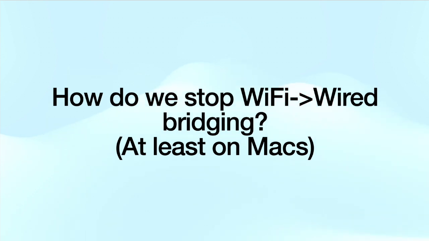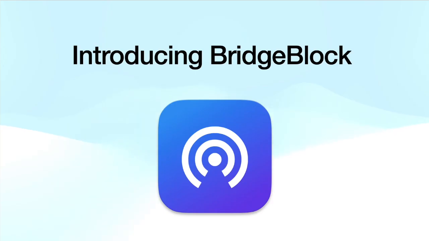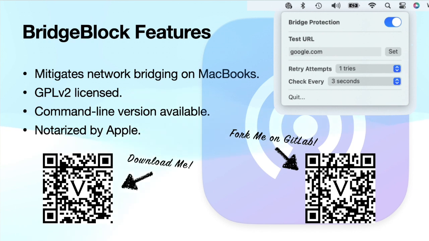Here's a tool that we wrote. So we went ahead and made an app for that. It's called BridgeBlock. And these are some of the features on it. A command line version is available. It's notarized by Apple. It monitors all the interfaces on your Mac devices for potential bridging connections, just to make sure that you're safe and secured.